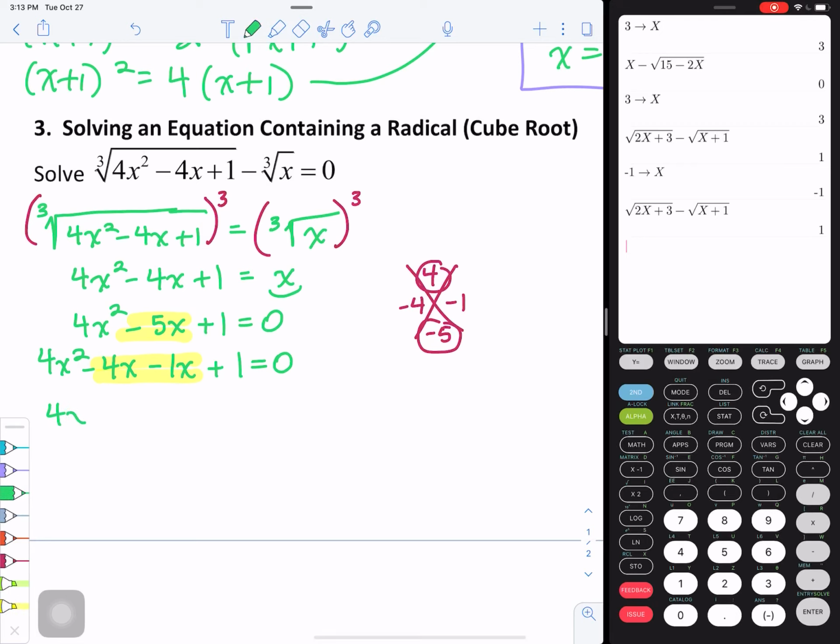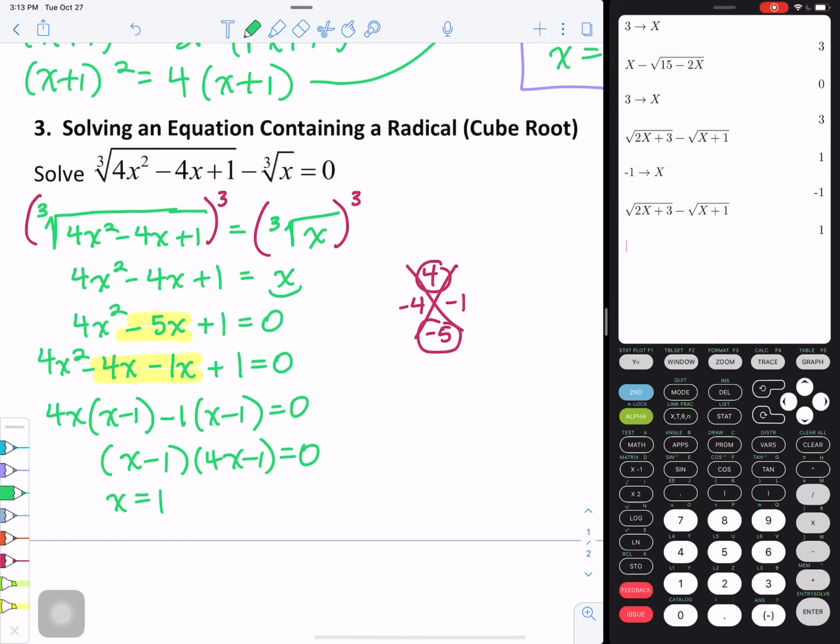I can take a 4x out, and that's an x minus 1. And you know what? I'll take a negative 1 out, and I'll have an x minus 1. So this factored is, let's go the other way, x minus 1 multiplied by 4x minus 1, and that's equal to 0.